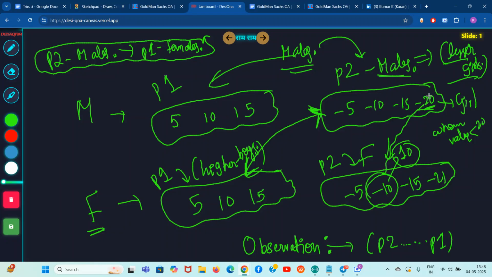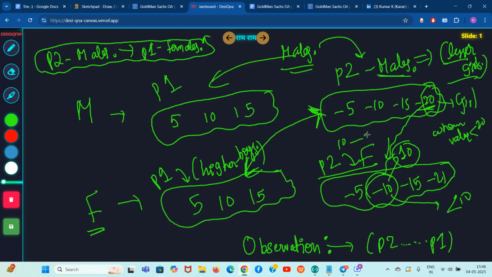Okay, let's say you satisfied the urge of the guy. Guy wanted a girl. In P2M, let's pick up this male of 20. He wanted a girl whose value is less than 20. So you went to P2F, you got a girl 10. Yes, her value is less than 20. Good. But what about the girl's requirement? P2F means this girl wants a guy whose value is strictly less than 10.